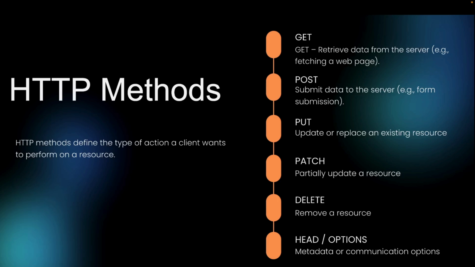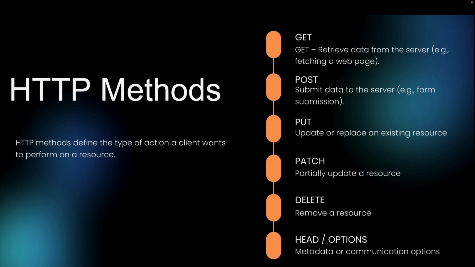Then we have the PATCH method, which updates part of the resource. So here what is happening? PUT method replaces an existing resource, the whole data of the existing resource, and PATCH method updates only part of the resource.